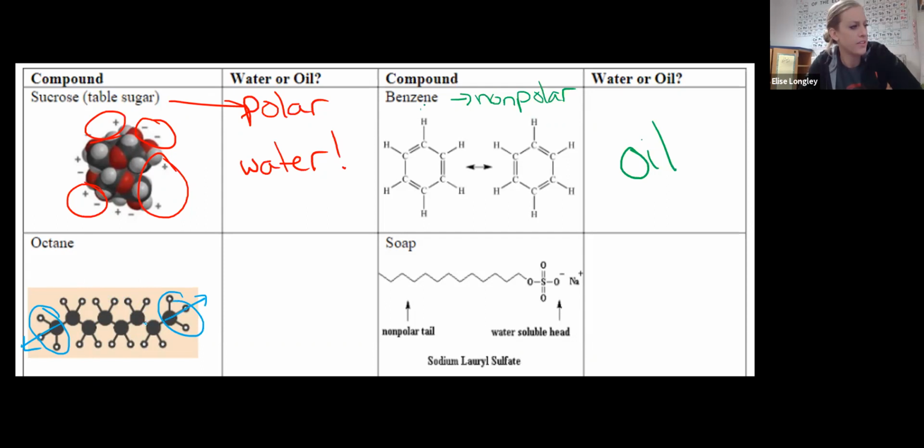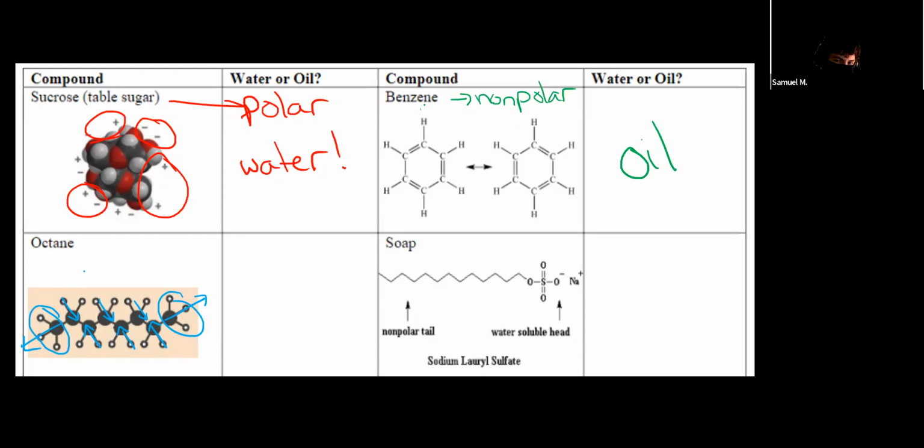If I were to go from the center here, I would have an arrow pointing this way, an arrow pointing this way. Are those equal and opposite? Yes. What about here? Also equal and opposite. So is this nonpolar or polar? Non-polar. Because it's symmetrical, right?